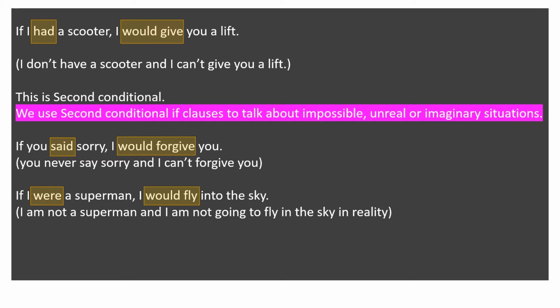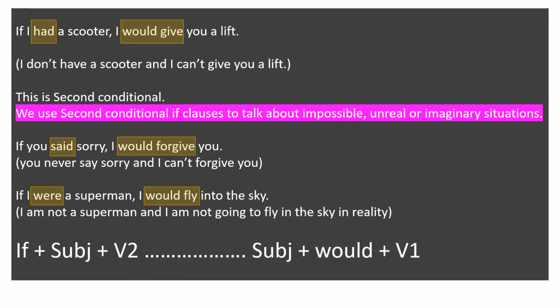Would give. Would plus V1. So, while using second conditional sentences, we must see that the structure should be like this. In the if clause, the verb should be V2, and in the main clause, the verb should be would plus V1.